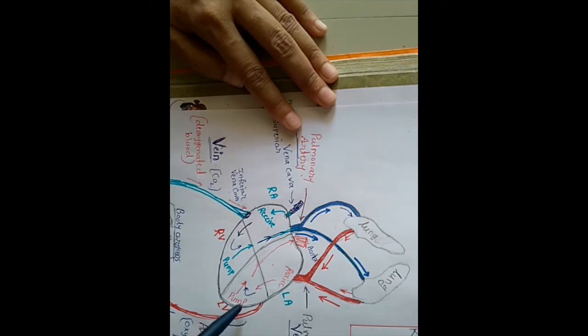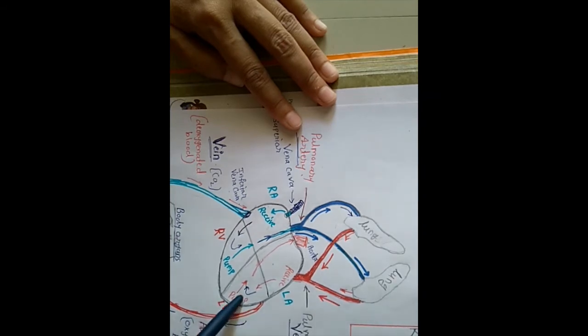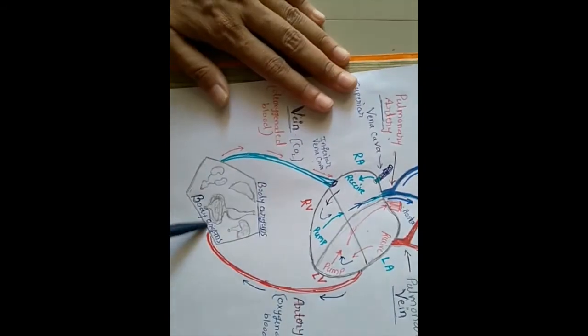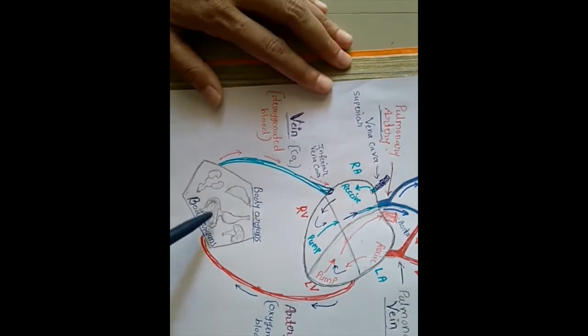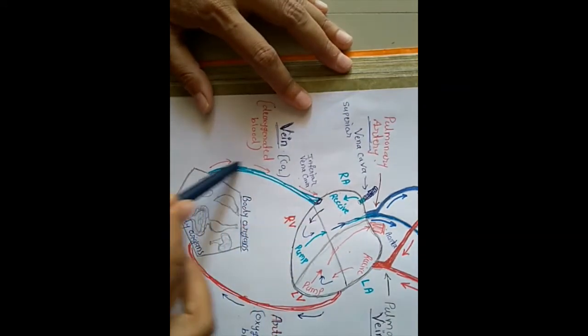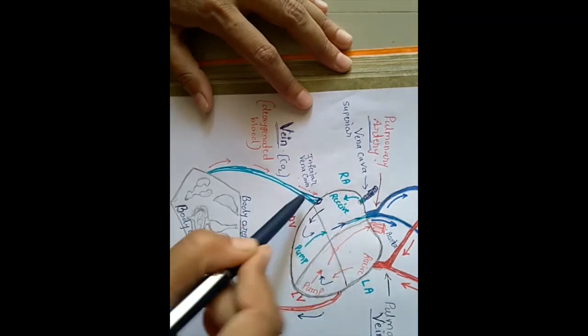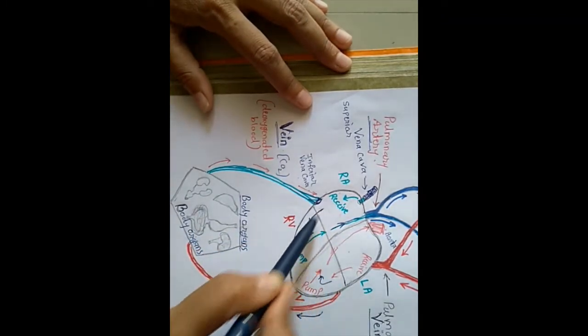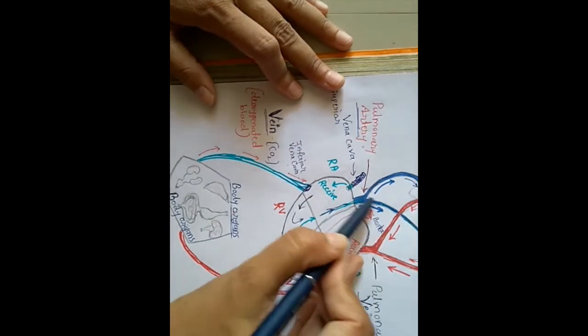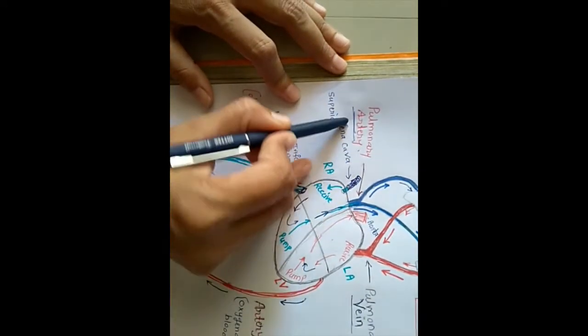Left auricle or atrium, these are the same. From the left atrium towards the left ventricle, from the left ventricle towards the aorta, aorta to artery, artery to body organ. Again, after the oxygen is used, deoxygenated blood flows through the vena cava towards the right atrium, then to the right ventricle. Then it is pumped out towards the lungs through the pulmonary artery.